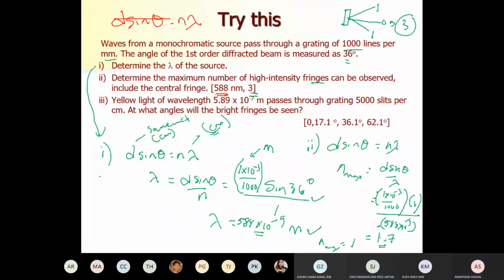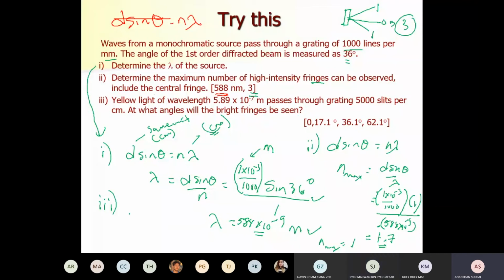Okay. And the third one? Yellow light of this wavelength passes through the grating. At what angles will bright fringes be seen? Okay, this is lots of work.